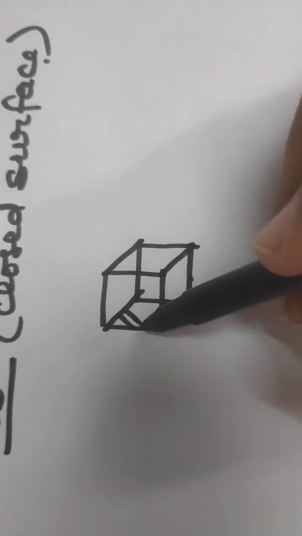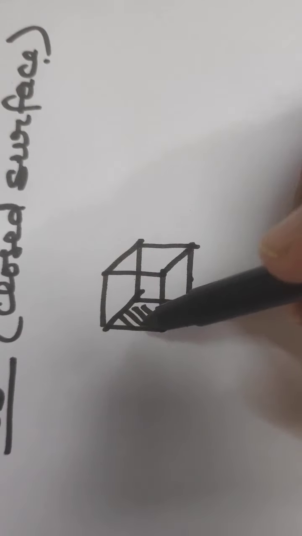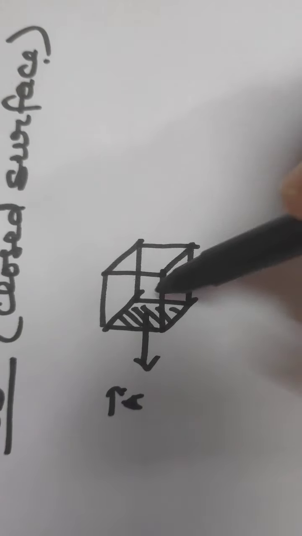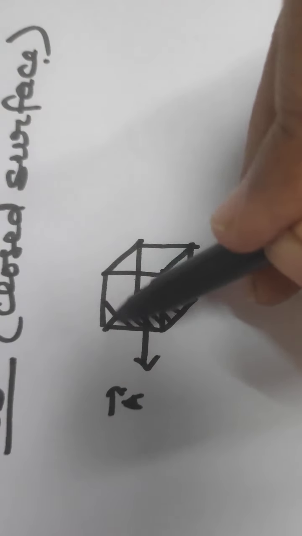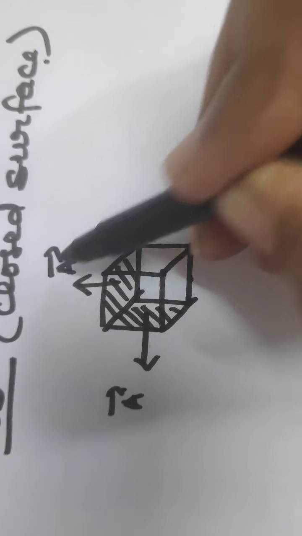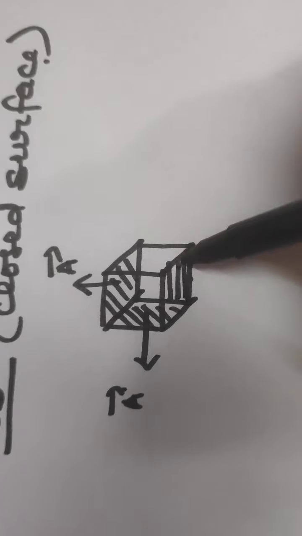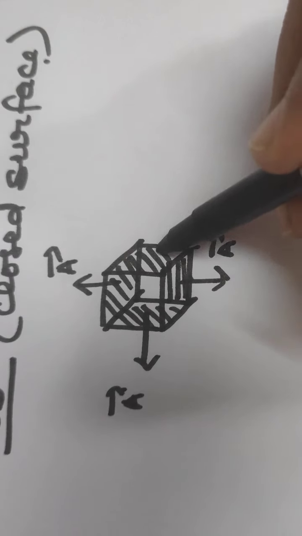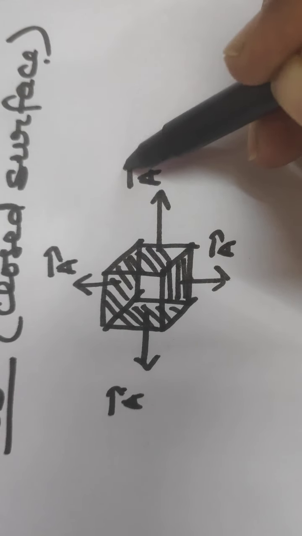This is a closed surface. In this closed surface, the area vector will be in this direction, normally outward. For this area vector, normally outward. For this, normally outward like this, and for this, normally outward.